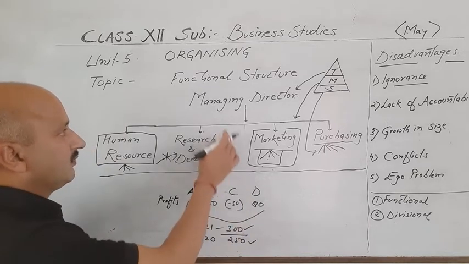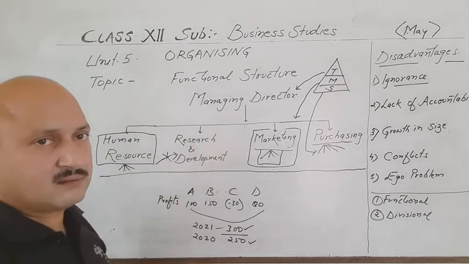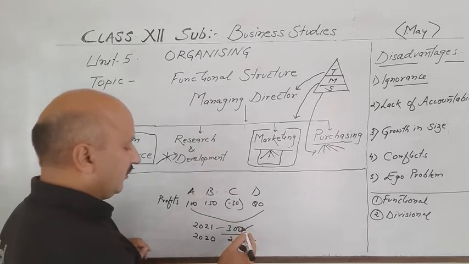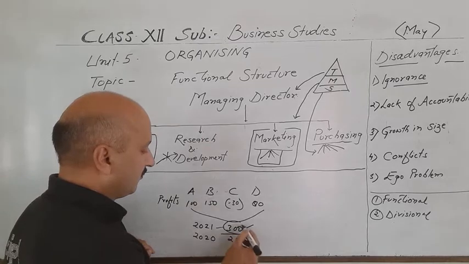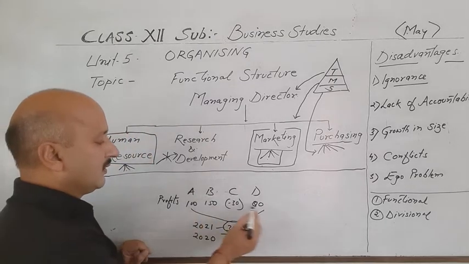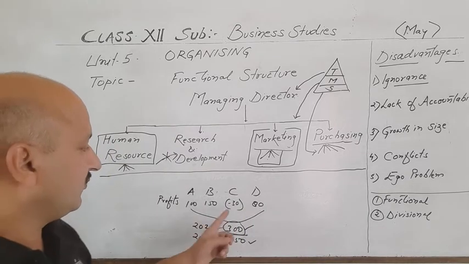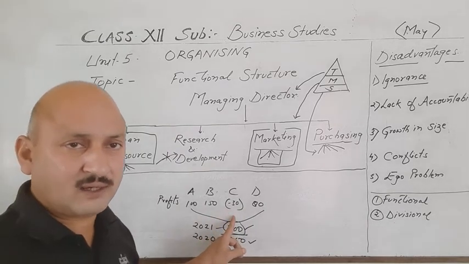And here in this functional structure, we are looking at the total profit. We are not categorizing them according to products, so we don't know which function is not performing well.